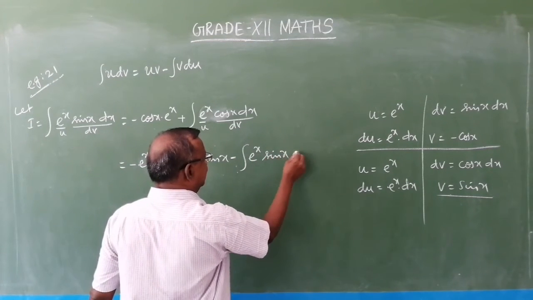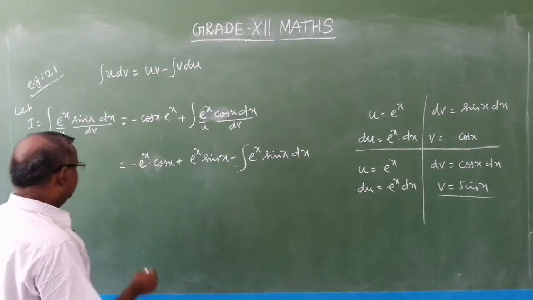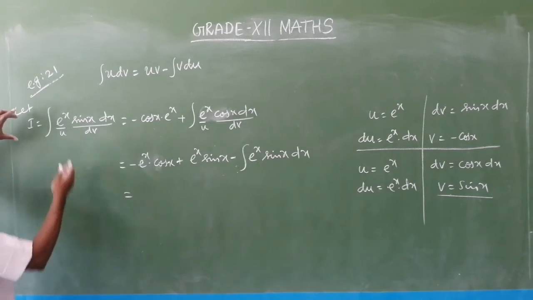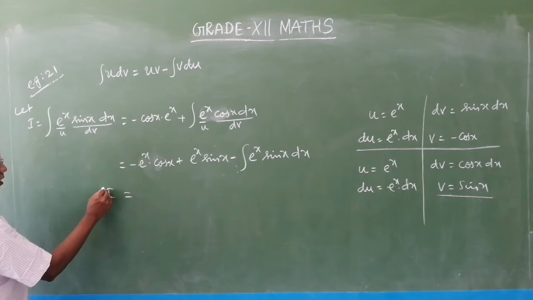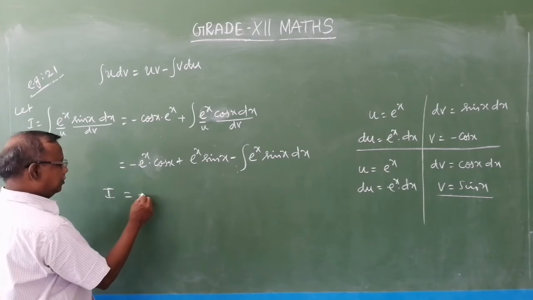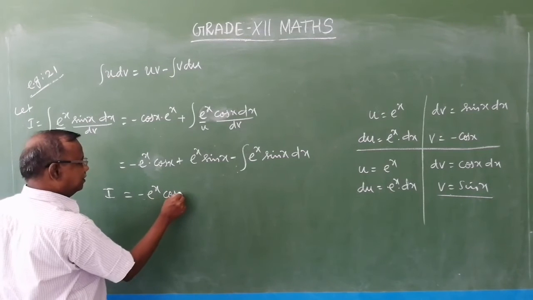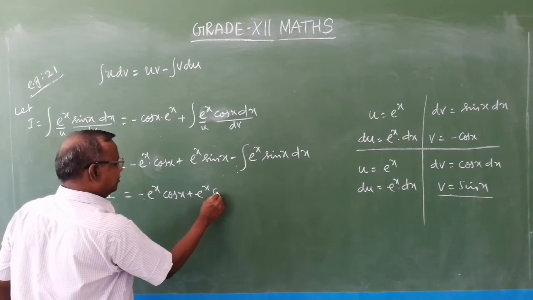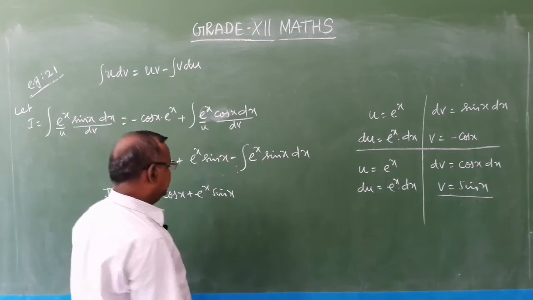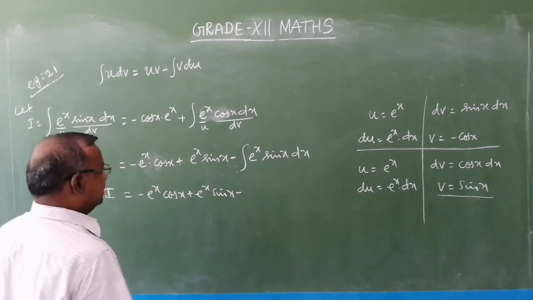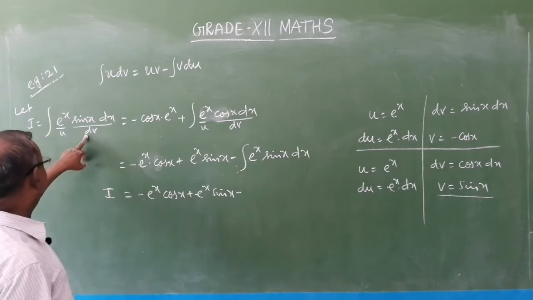That is, integral e^x sin x dx. So, the LHS equals I and the RHS equals minus e^x cos x plus e^x sin x, minus integral e^x sin x dx, which equals I only.